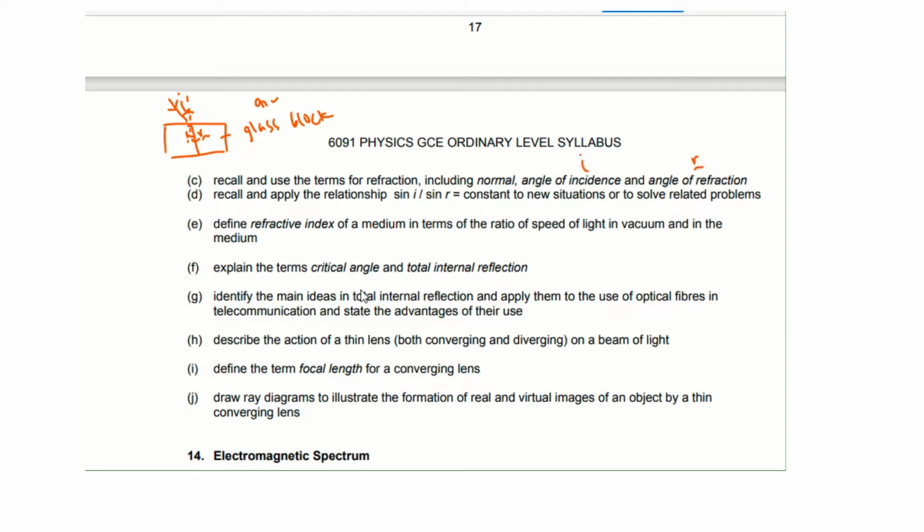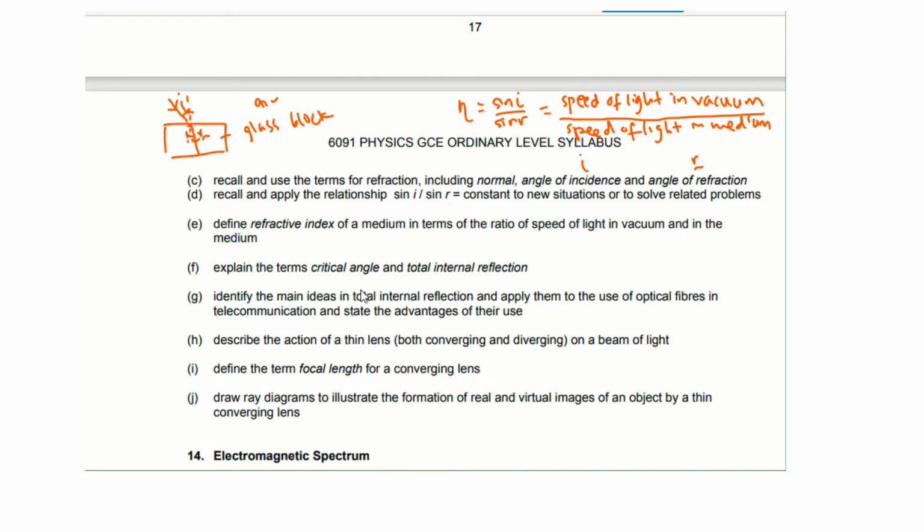Okay, and there's this formula: refractive index is equals to sine I over sine R. And refractive index is also equals to speed of light in vacuum over speed of light in that medium. Okay, so in other words, if you are looking at refractive index of glass, then the medium here will be speed of light in glass, and so on.